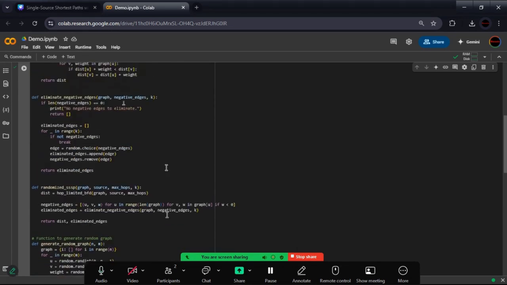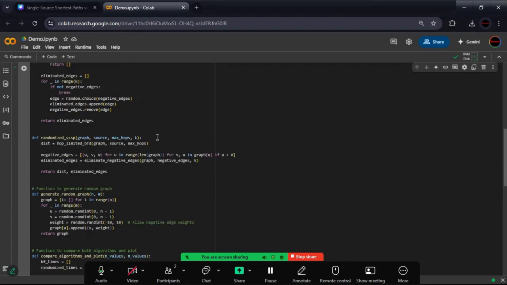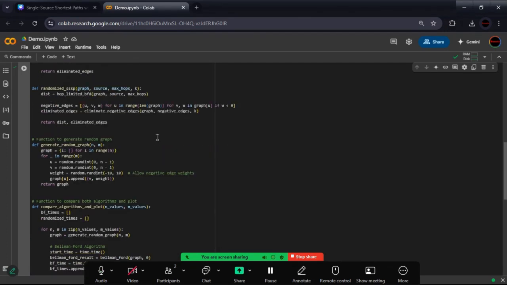Then our third function is eliminate negative edges, which randomly eliminates negative edges from the graph to simplify it. It takes a list of negative edges from the graph and removes k negative edges, and if there are no negative edges, it simply returns an empty list. Lastly, we have our main function that combines the hop limited and the negative edge elimination. It calls the hop limited function to compute the shortest path and then identifies all negative edges and removes some of them.